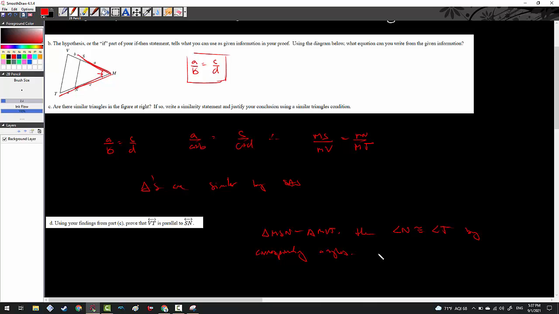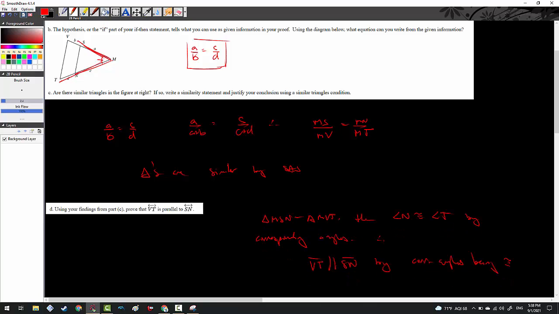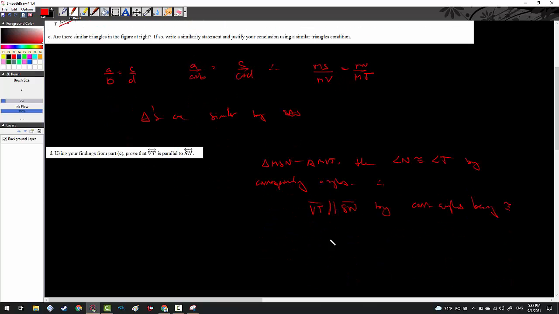And if the corresponding angles are congruent, then we can say, therefore, VT is parallel to SN by corresponding angles being congruent, therefore the lines are parallel.